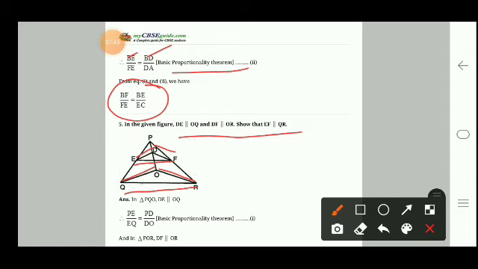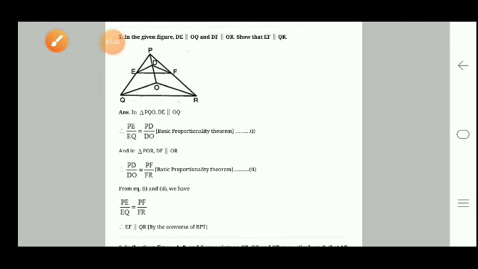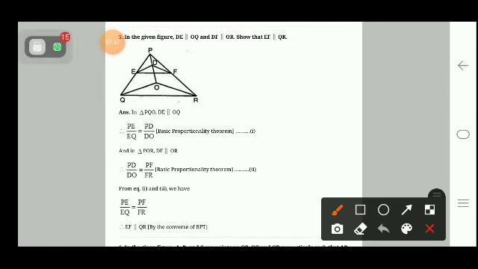Now solving this, we can see in triangle POQ, as we know DE is parallel to OQ, so by BPT we have PE over EQ is equal to PD over DO.